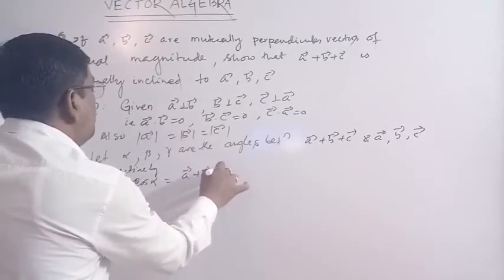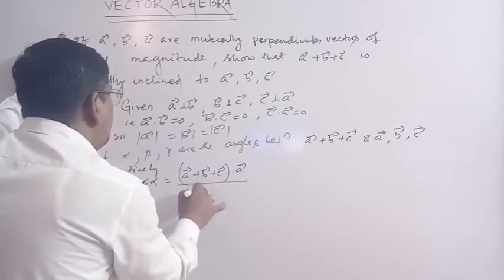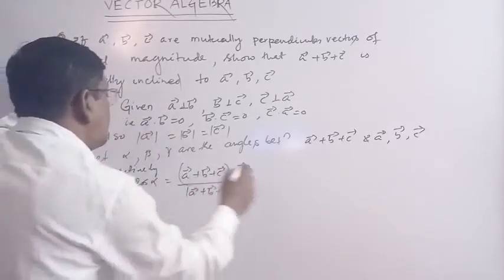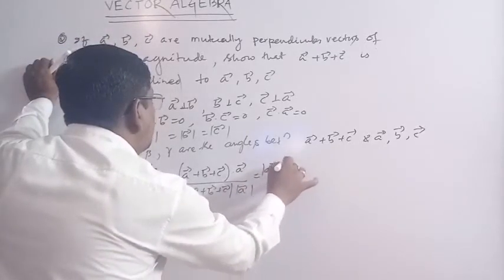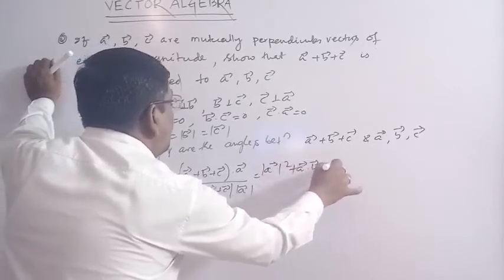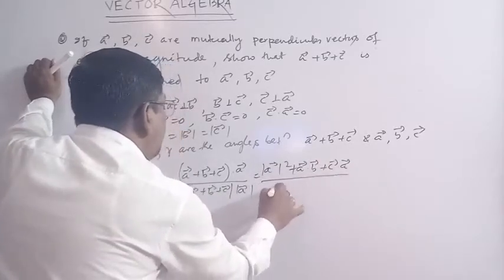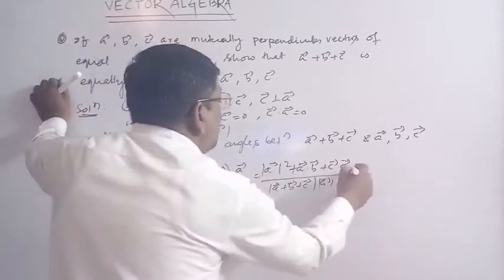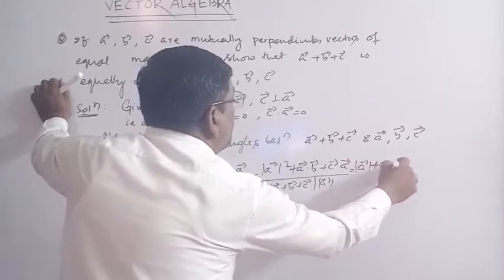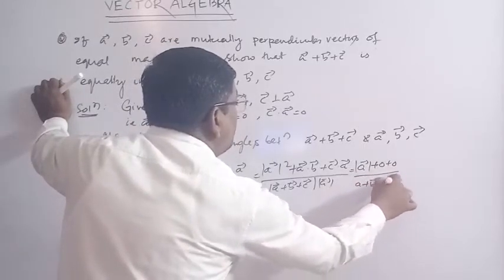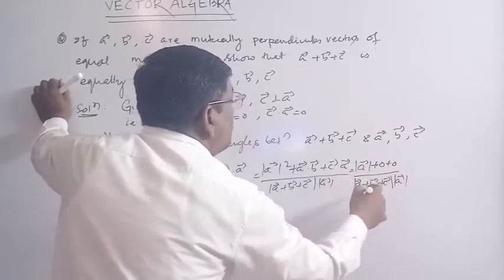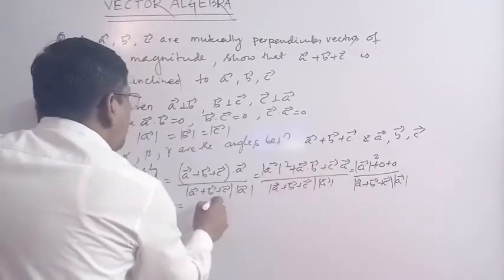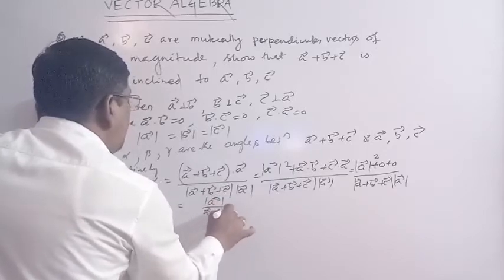A plus B plus C dot A divided by magnitude of A plus B plus C into magnitude of A. Now that is equal to A dot A, that is magnitude A square, plus A dot B, and this is C dot A, divided by magnitude of A plus B plus C into magnitude of A. So this is equal to magnitude A square, this is 0 plus 0 plus 0, divided by magnitude of A plus B plus C into magnitude A. So cos alpha is equal to, cancelling here, magnitude A by magnitude of A plus B plus C.